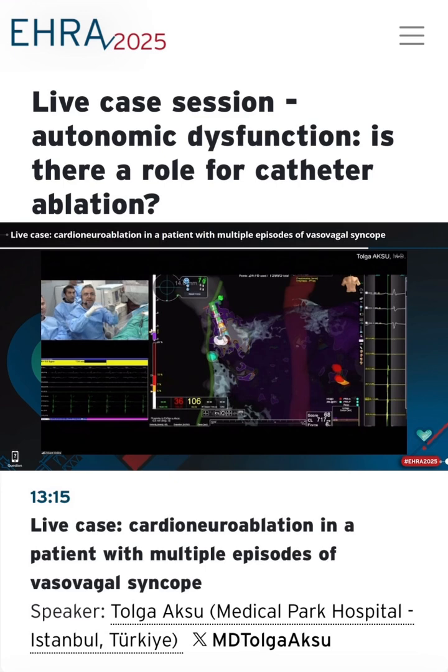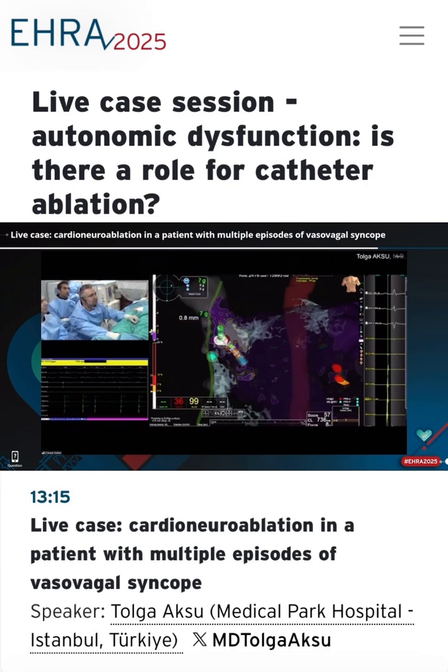We didn't ablate epicardial ganglia. So this is why we need a better procedural endpoint to map GP and to decide the procedural endpoint. Okay? So I already increased the heart rate, but I didn't finish my work. I will try to ablate all fragmented electrograms in that site.